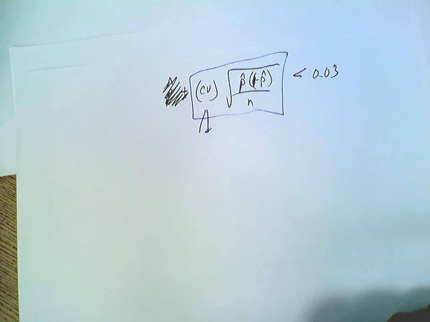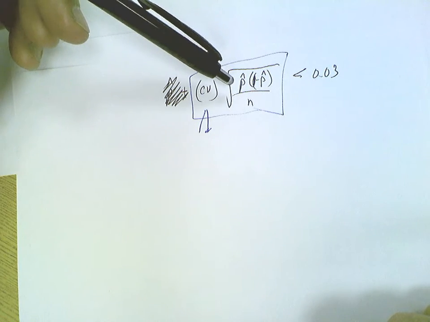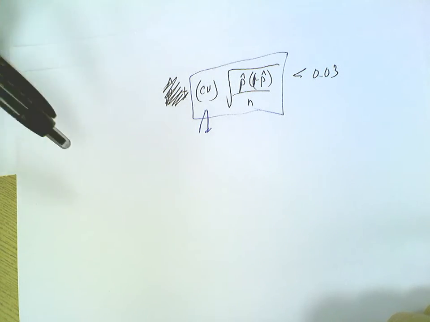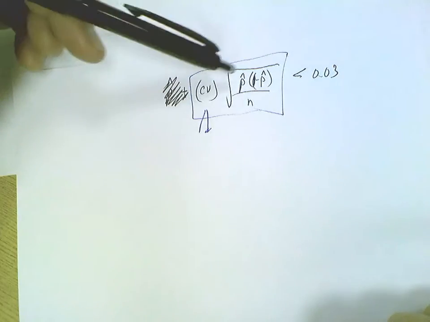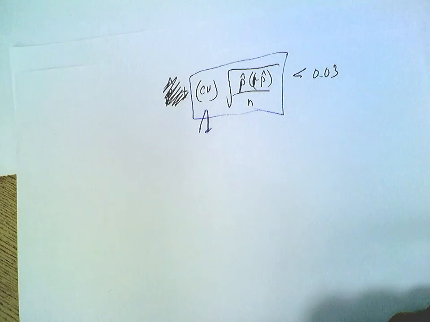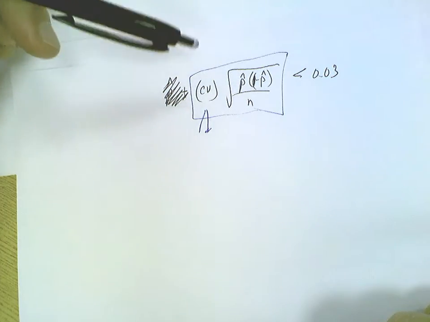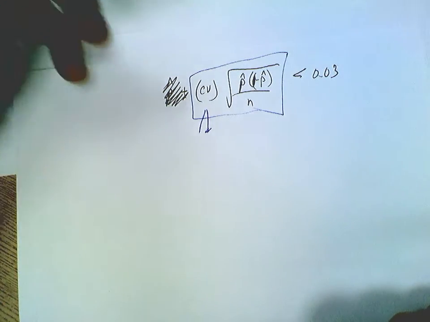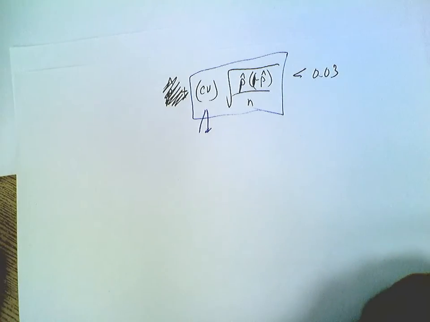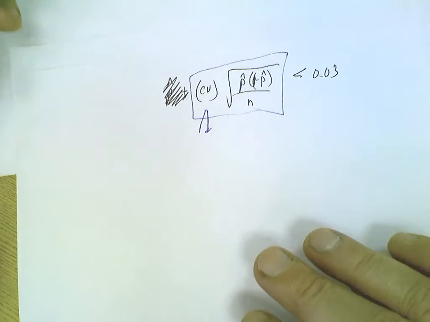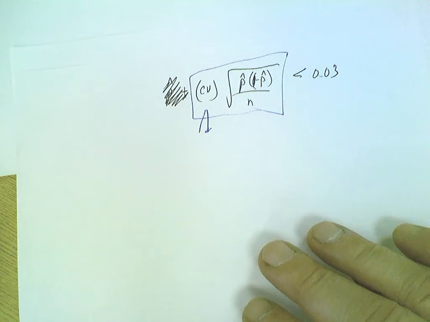So maybe the safest way is to take a conservative approach and say, let me figure out how big I could possibly make my standard error. I'll figure a worst case value of p hat that would come back when I run this sample. If I maximize this, then any other proportion value is fine, because I'll have an even slightly smaller margin of error. So I've asked myself, how do I make my standard error as big as possible?